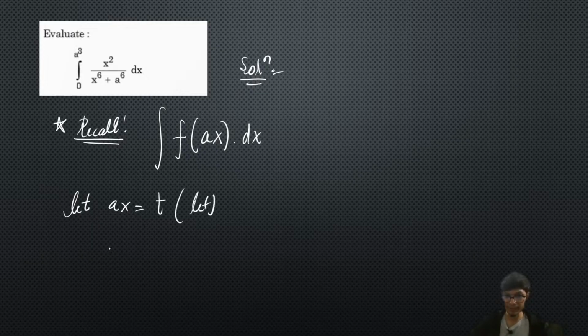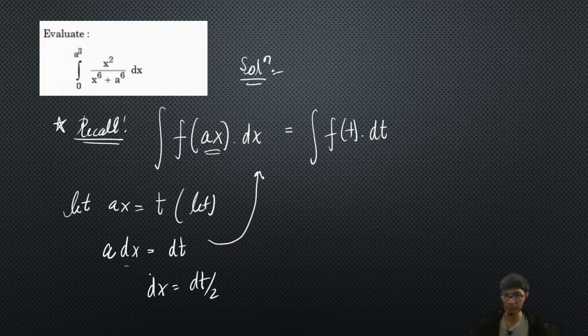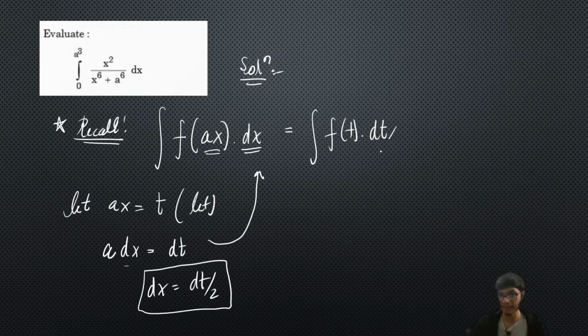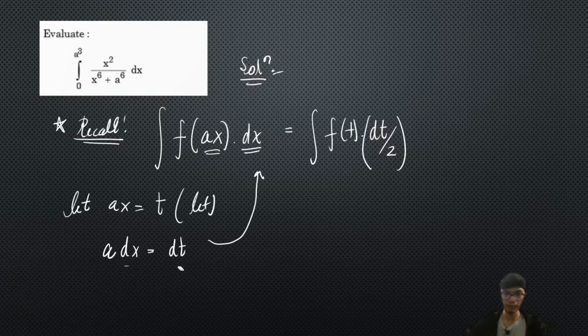If we differentiate both the sides, I get a times dx is equal to dt. I'm just changing the variable from x to t. So I will get the result as f of t dt, and in place of dx, I replace it with dt upon a. That's how we carry out integration by substitution. I hope this was a good recall for all of you.